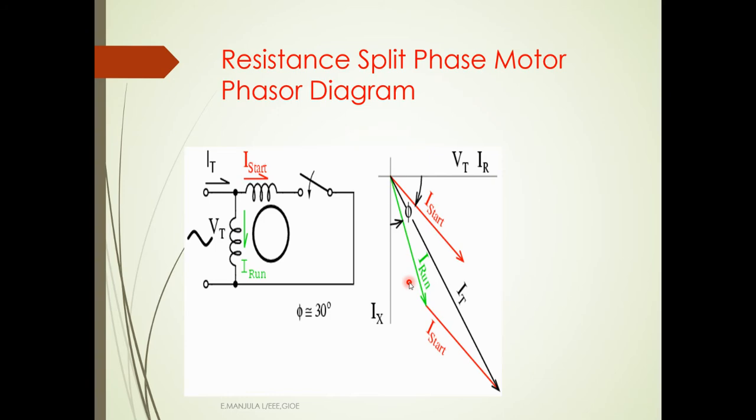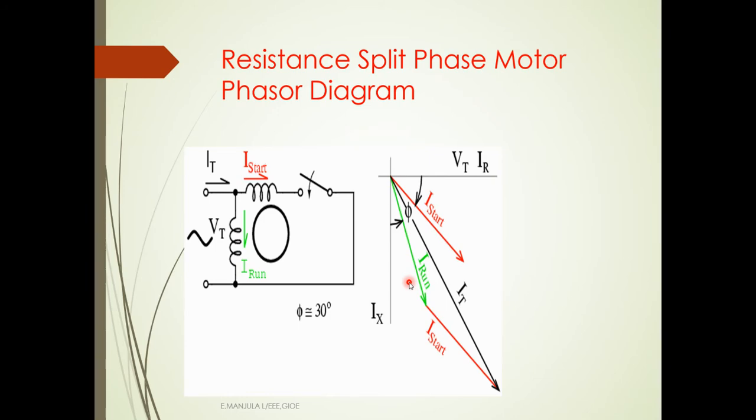For the starting winding, there will be more resistance in the auxiliary winding and more reactance in the running winding.